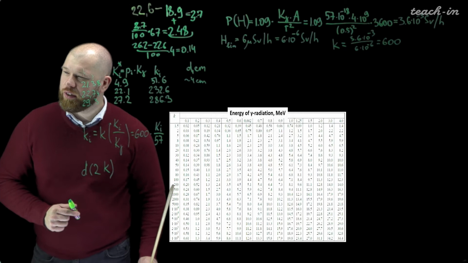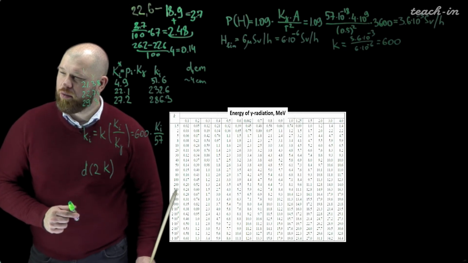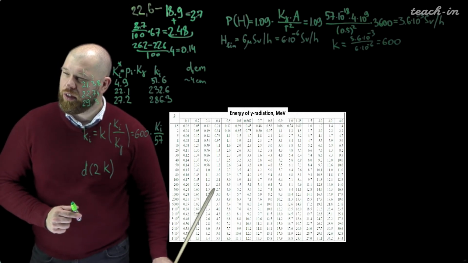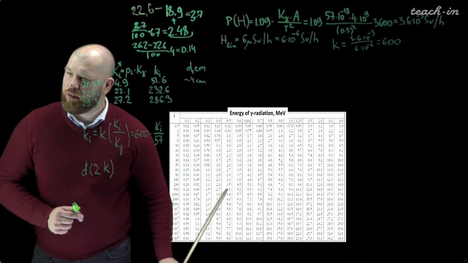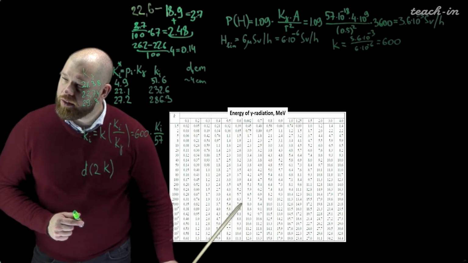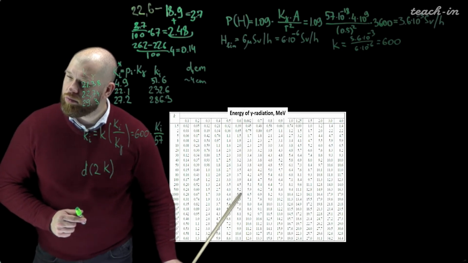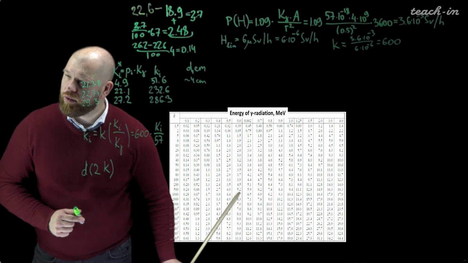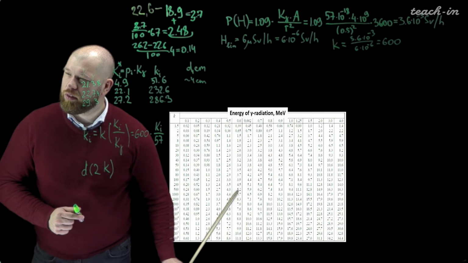So 465 will be very close to 500, and so we can calculate it more precisely. But in this case, it will be 5.2 centimeters, something like this.